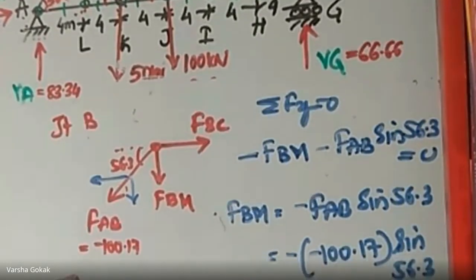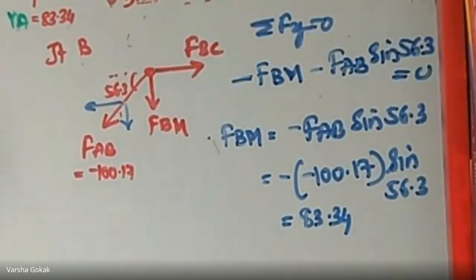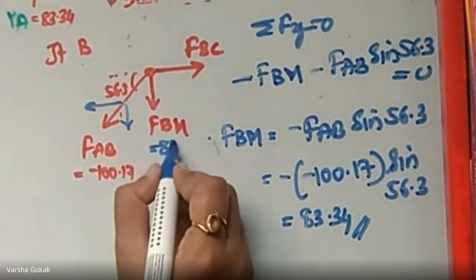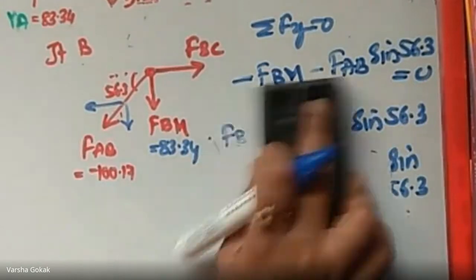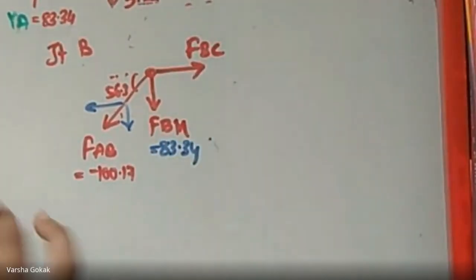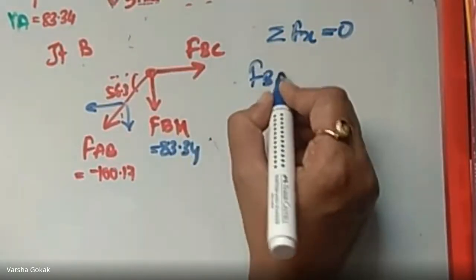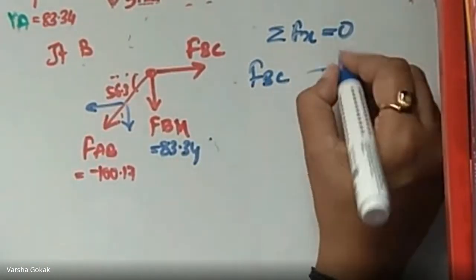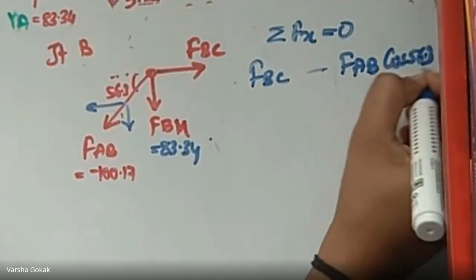How much is this? 83.34. This is FBM, no? 83.34. Correct. Once you get this, then we will have to find FBC. For FBC, I have to go ahead with summation f of x. So summation f of x equal to 0, I have FBC, this side positive, and minus FAB cos of 56.3 equal to 0.